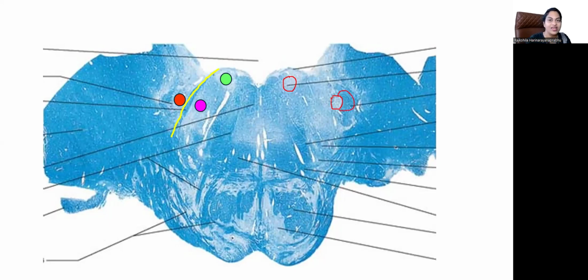Any idea what it is? It's the spinal nucleus and the tract of the trigeminal nerve. Just medial to it, this area of gray matter that you see here is the motor nucleus of the facial nerve, right? So in the lower pons, we get to see these 3 nuclei.